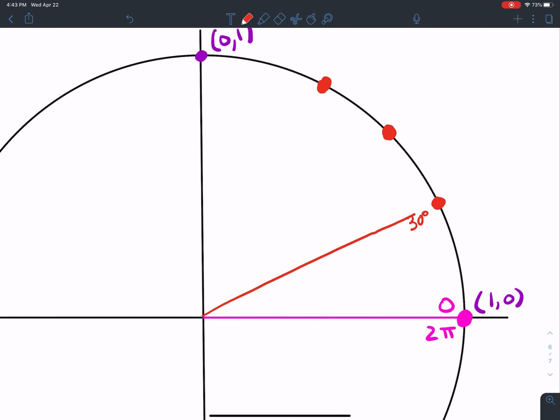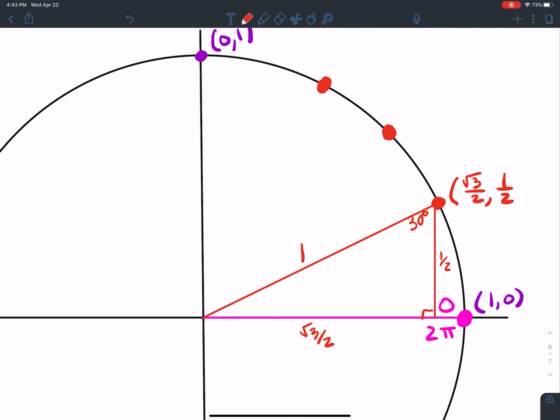Well, if I draw my triangle, looks something like that. What do I know? If this radius is 1, the shortest side is 1/2, then I got to know the other side here through Pythagorean theorem, square root 3 over 2. And so what does that tell me? That tells me that this point right here, the x value is square root 3 over 2, comma 1/2.